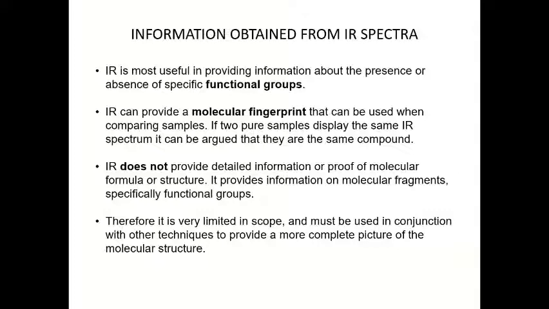IR does not provide detailed information or proof of molecular formula or structure. It provides information on molecular fragments, specifically functional groups. Therefore, it's very limited in scope and must be used in conjunction with other techniques to provide a more complete picture of the molecular structure, such as NMR and mass spectrometry.